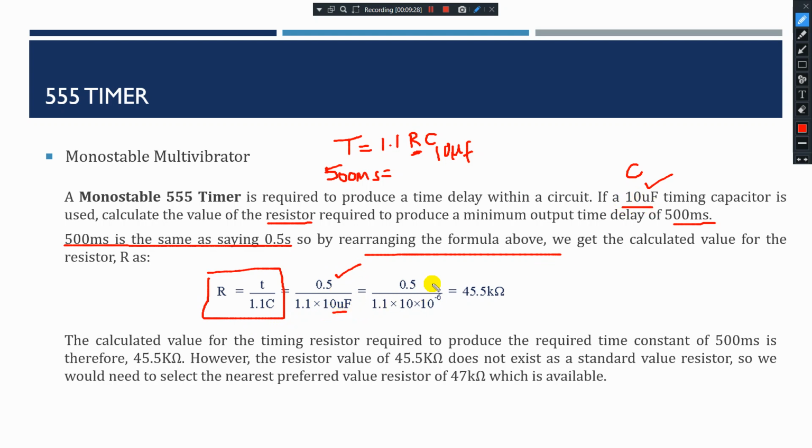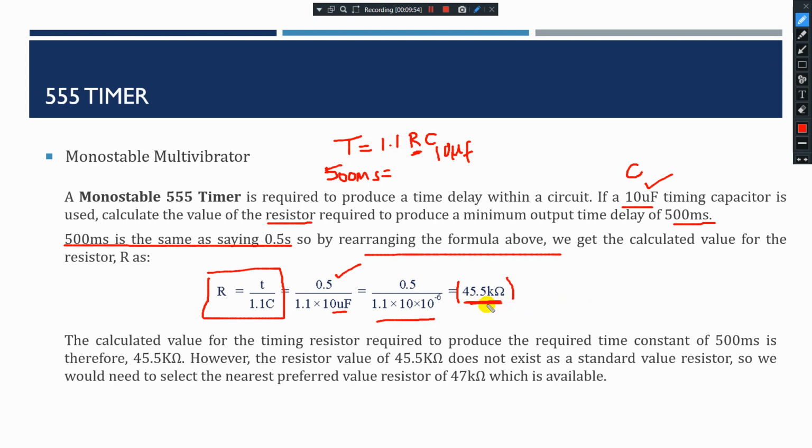So if you calculate this, you will be getting 45.5 kilo ohm. Okay. So the problem here is you are getting a resistance value of 45.5 kilo ohm. There are some standard resistors which are available in the market. So 45.5 is not a standard resistor which is available in the market.